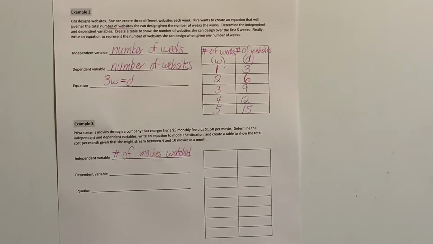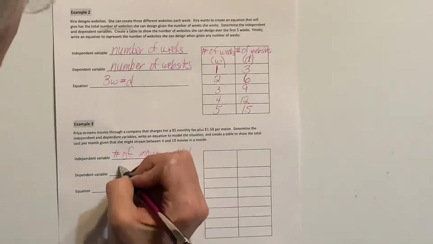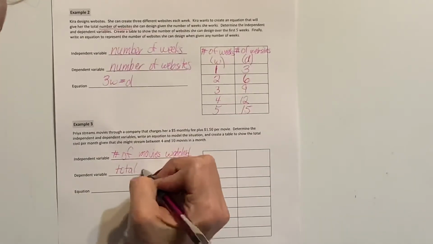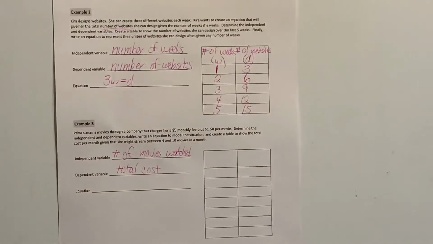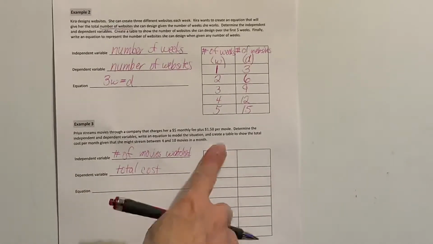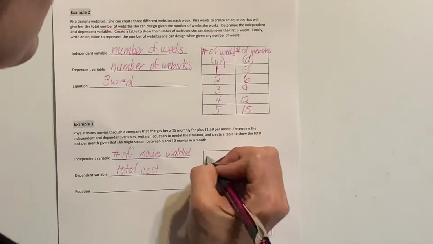And the dependent variable, what depends on the number of movies watched, is the total cost. Remember, I'm taking the independent variable and putting that in the first slot.